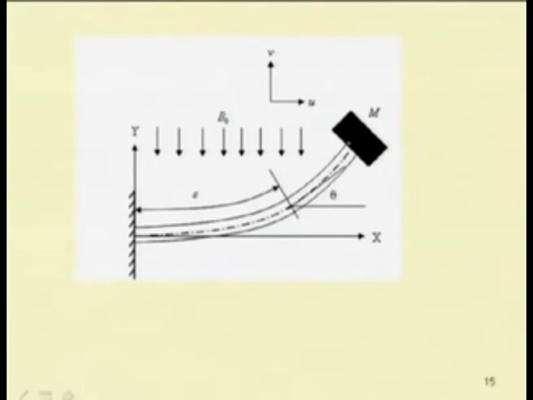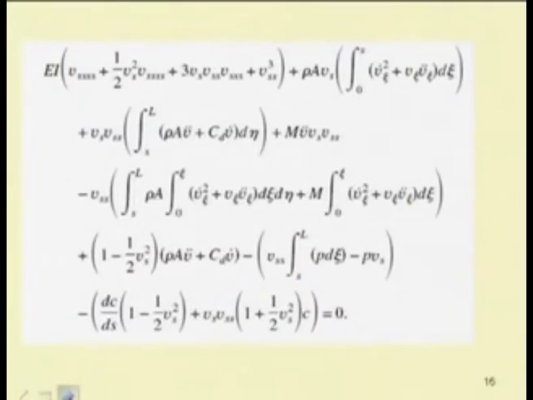So, in case of this beam, if this displacement is large, then one can model this as a system like this. So, here if one takes only this as a Euler-Bernoulli beam, one can have only this term, that is EI del fourth V by del S fourth, plus one more term, that is rho del square V by del T square.